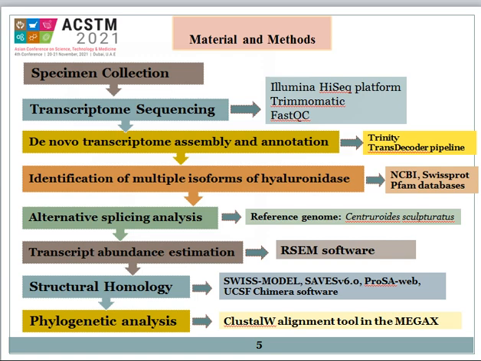Then the TransDecoder pipeline was used to predict the open reading frames and retrieve the untranslated regions and coding sequence regions. The next step is identification of multiple isoforms of hyaluronidase.